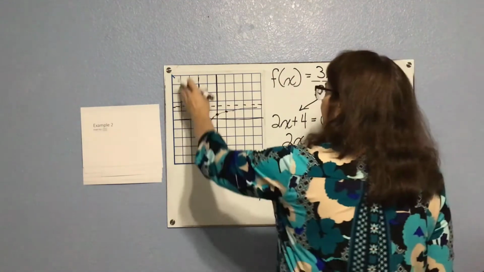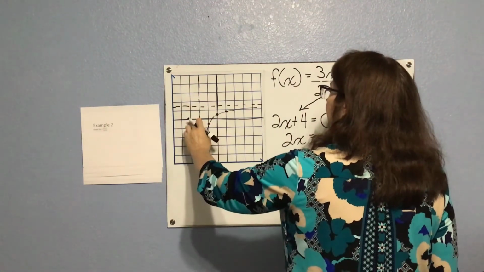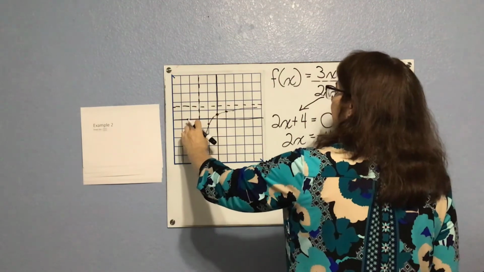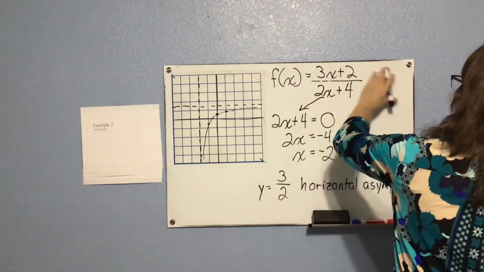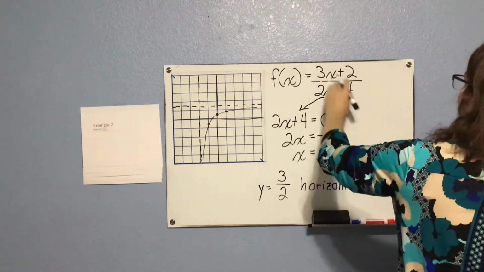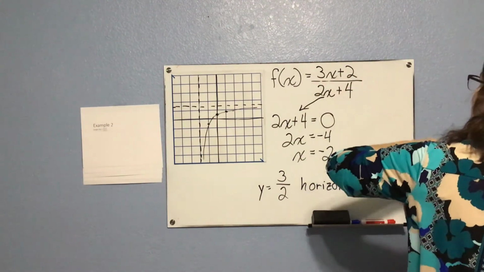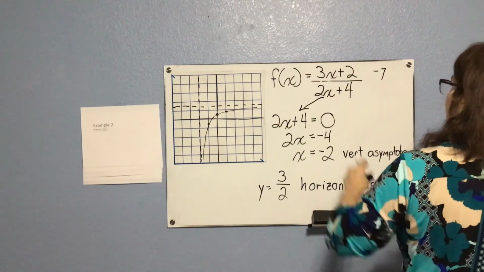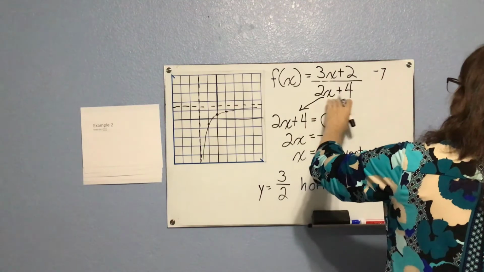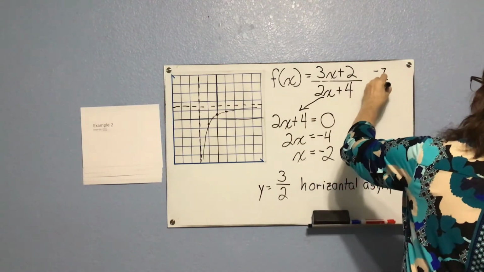Now, I haven't sketched anything over here. Let's pick x equals negative 3 and see where that ends up. If x equals negative 3, this is going to be negative 9 plus 2, so negative 7. And then this will be negative 6 plus 4, so negative 2.